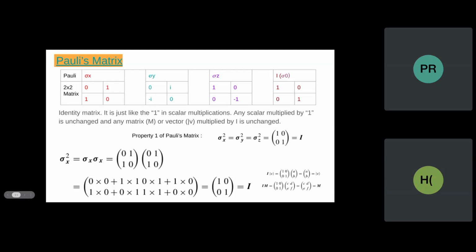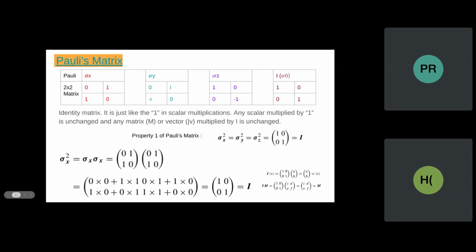Sigma x has a 1 at the top right and bottom left, whereas sigma y has i. On the contrary, sigma z and sigma 0 both have diagonal entries, 1, 1, and 1, minus 1. Sigma 0 is the identity matrix. If you just put a minus on one of them, it becomes sigma z.